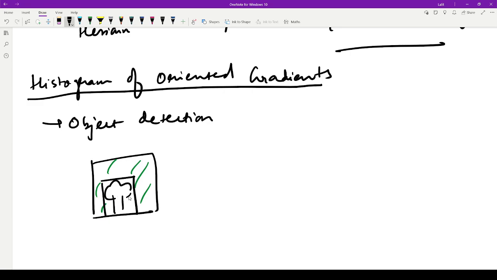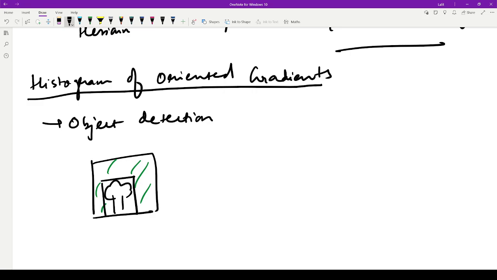So your main idea is to get a bounding box over the object and then say whether this object is there or not. Probably you're looking for humans, but humans may not be there. There might be trees. So these features need to be extracted and then checked whether they belong to the same object or not.